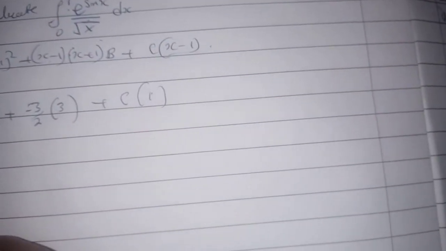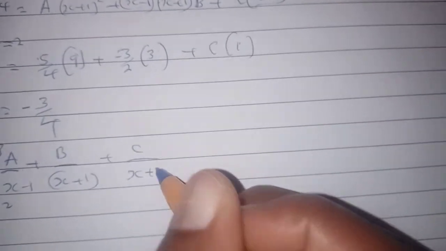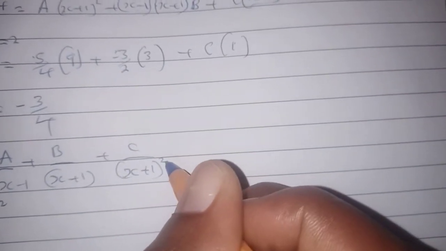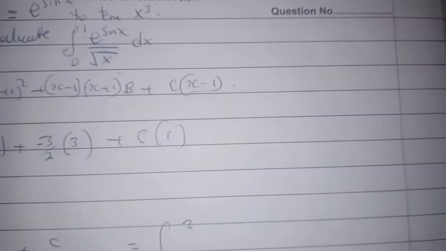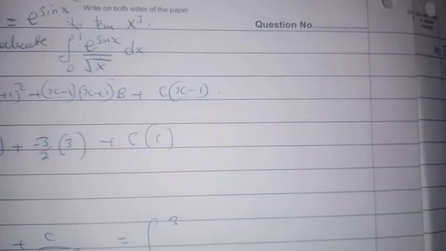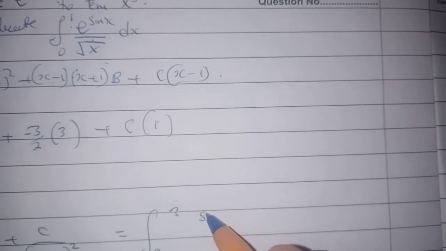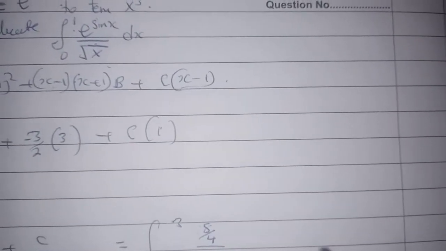So we shall use the simplest one, which is a over x minus 1, to integrate from 2 to 3. So plus b over x plus 1, plus c over x plus 1 squared. Let's substitute, which is the same as the integral from 2 to 3 of a, our a is 5/4. So it will be 5/4 over x minus 1.